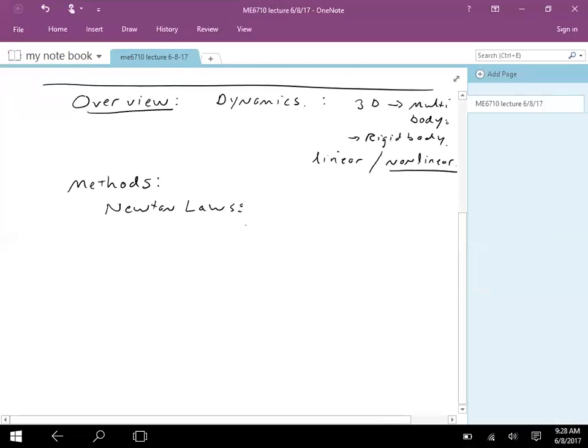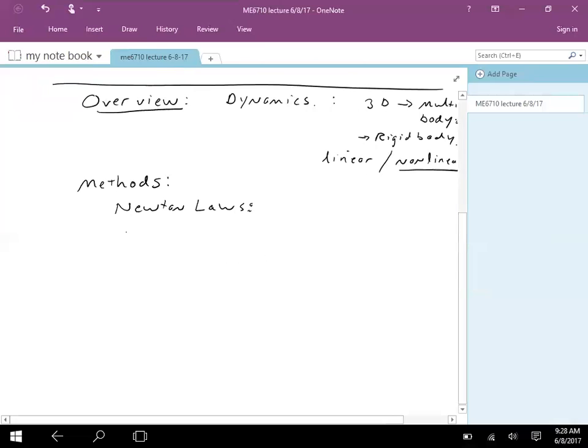Newton had 3 laws that he proposed. Sometimes you look at them as different ways of getting at the same animal. He had his N1 through N3. N1 looks like a conservation of momentum, which is that he says if F equals 0, then A equals 0.